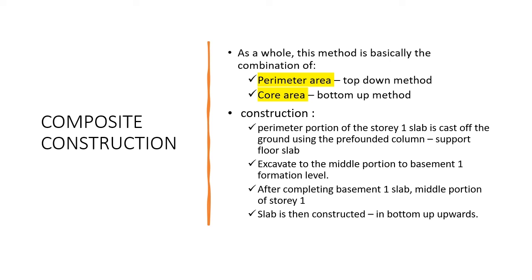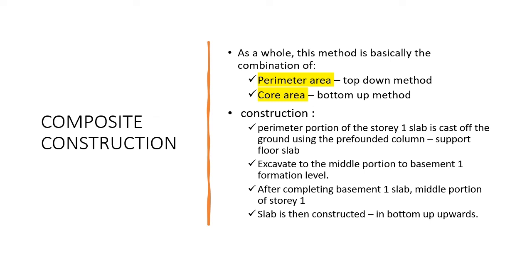So the construction, mula-mula perimeter portion of story 1 slab is cast off the ground using pre-founded column that will support the floor slab and excavate to the middle portion to the basement 1 formation level. Jadi kat tengah-tengah tu ada opening, ada area yang boleh diakses dan kita akan excavate basement 1 formation level.